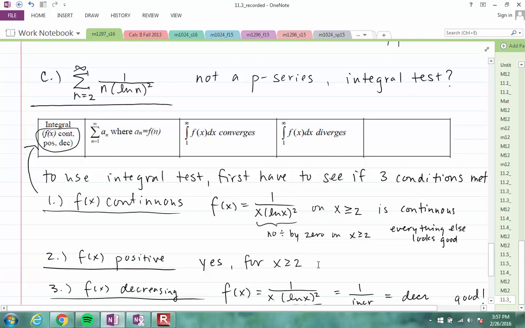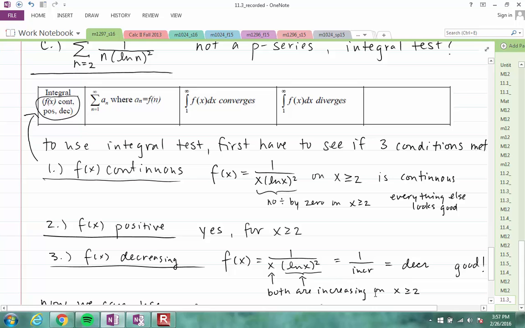f of x is decreasing. Notice both x and ln x squared are increasing functions, and if we take 1 over something that's always increasing, we're going to get something that's always decreasing.